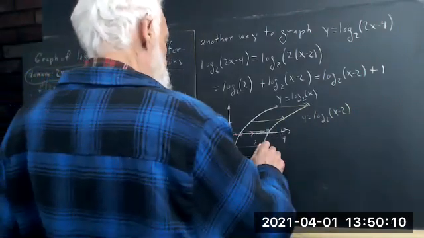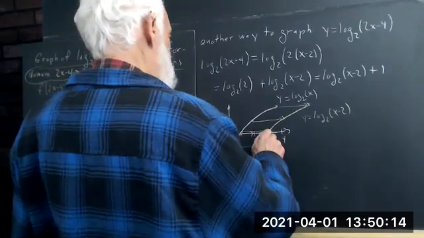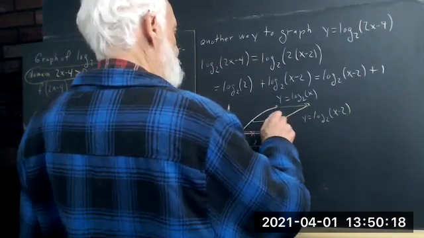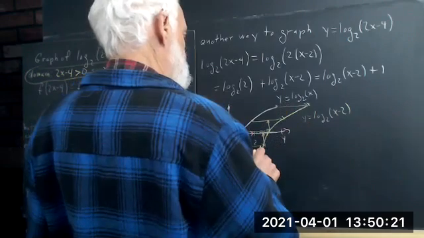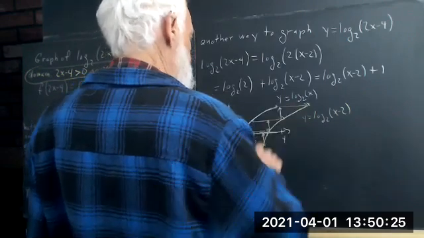So if we move upward 1 unit, this point goes up to here. This point goes up to here. This point goes up to here. This point, which I didn't locate very well, but it goes up to here.